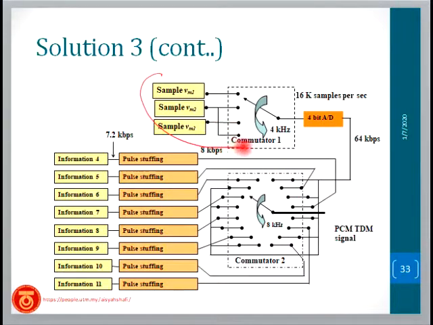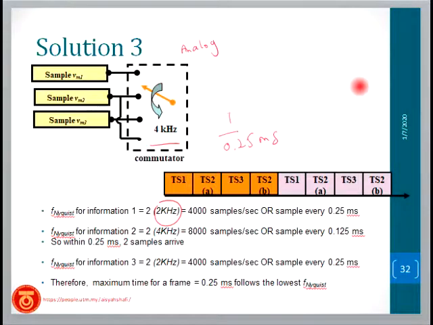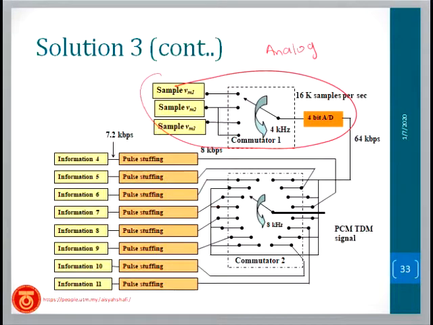Okay, this one is for the analog. For the TDM, it needs to be converted into digital. So it is converted by using a 4-bit AD converter with 16 kilo samples per second. By adding all the samples, you will get 16 kilo samples per second.